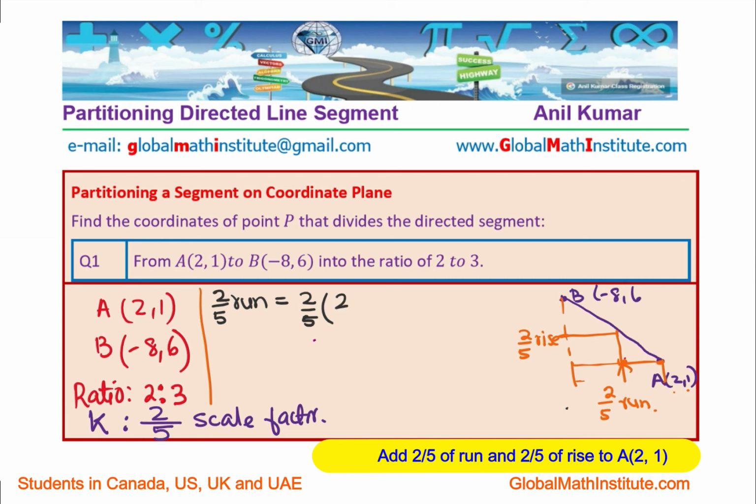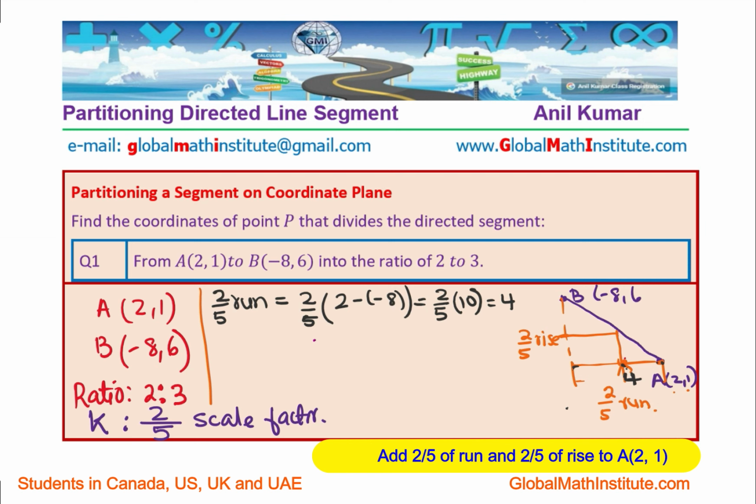So 2 minus (-8) is 10. So we do 2/5 of 10, and this number is 4. That means we have to come 4 units left of A. You see that? That is 2/5 of this total distance. So 4 units from A towards the left side.